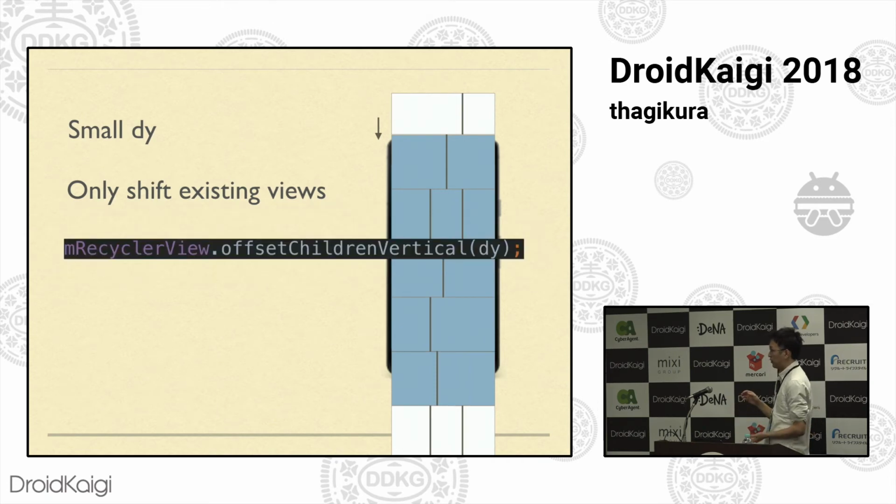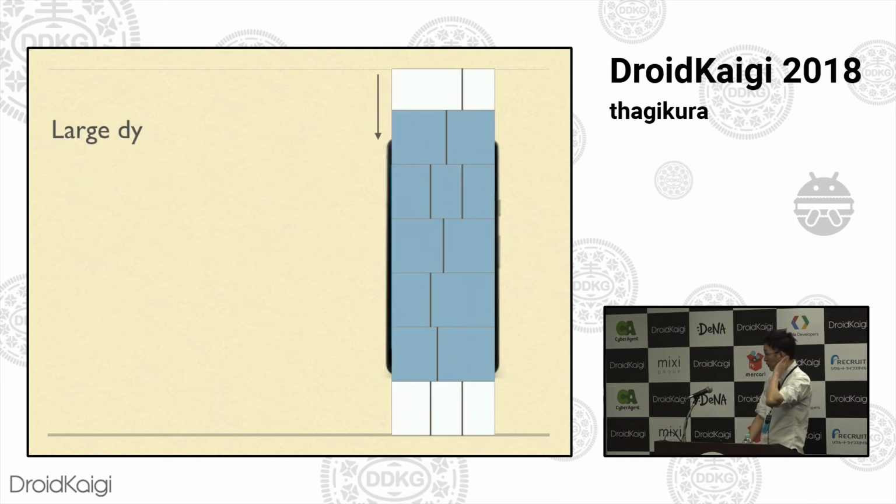In this case, you can simply call the method called offsetChildrenVertical. Then that's it. But if the delta y is large, then you need to treat other situations in addition to shifting existing views.